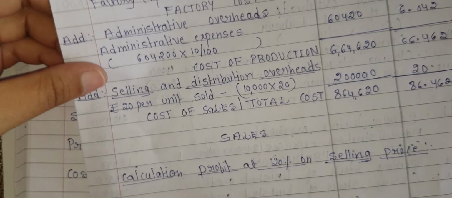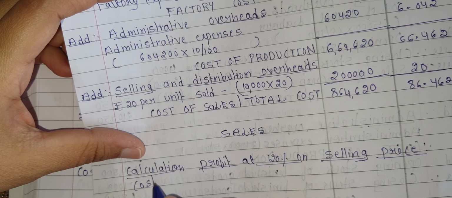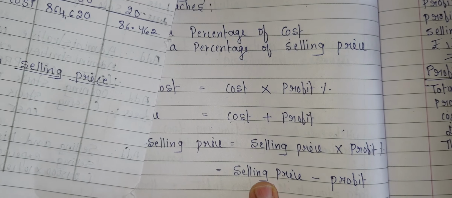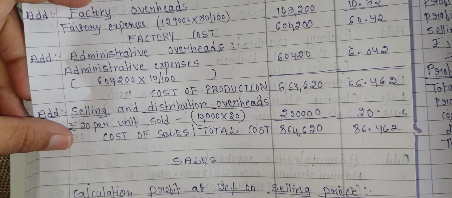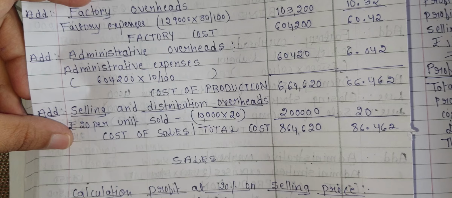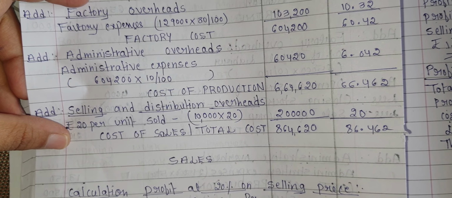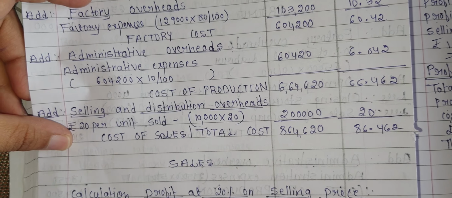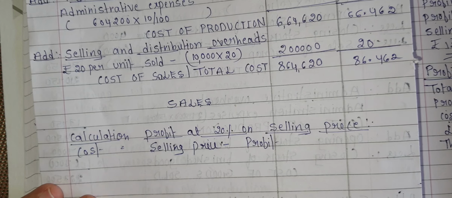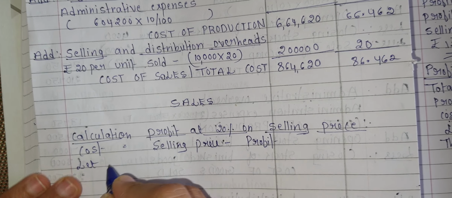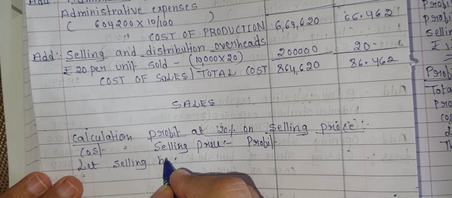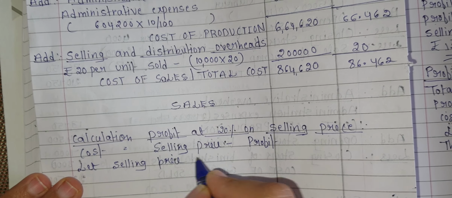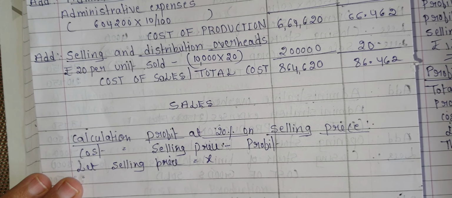So write down the formula: cost equals selling price minus profit. Now let selling price be X. Clear?